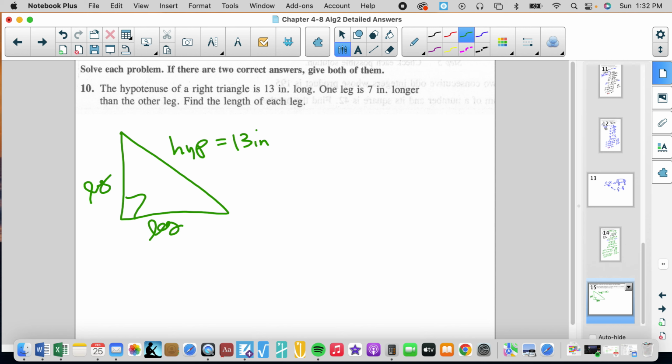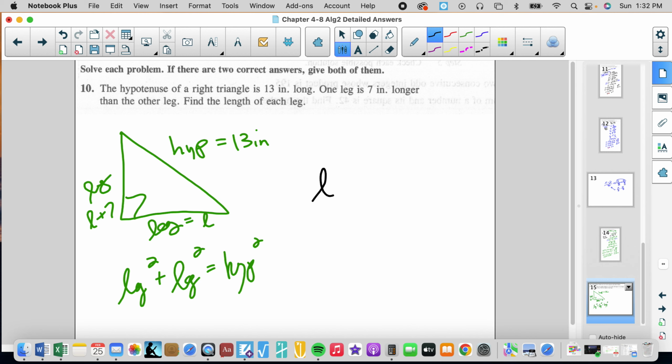How are we going to use that? Well, we have something called the Pythagorean theorem, that the square of one leg plus the square of the other leg should equal the square of the hypotenuse. And we have one leg is 7 inches longer. So if this is L, this is going to be L plus 7. And wow, we got a lot of work to do.